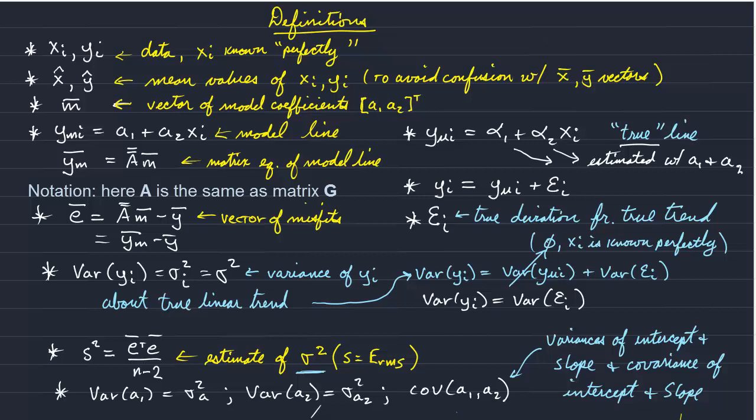So before we get right into deriving how we define these variances, I'd like to show you a little bit more background about the solution for our line fit. We found our solution for the model vector by applying our linear least squares regression solution, which was A transpose A inverse times A transpose y.